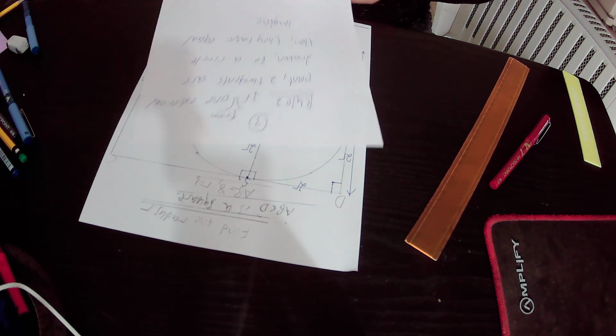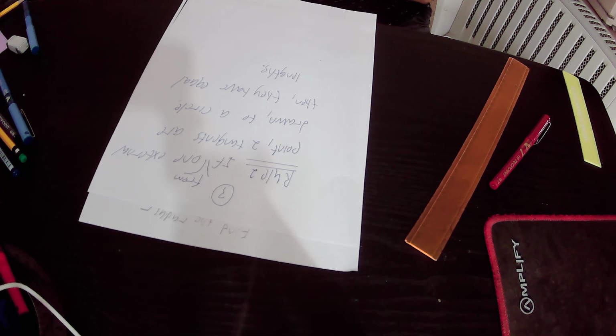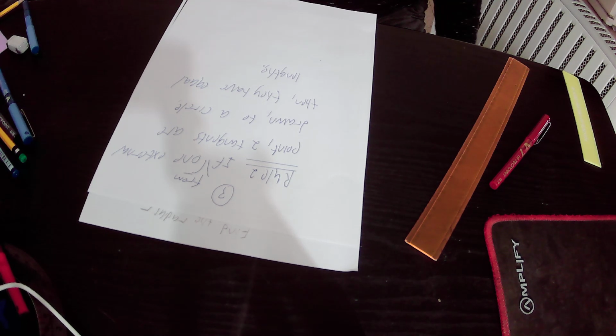Rule number 2 states that if from one external point two tangents are drawn to a circle, then they have equal lengths. I read again: if from one external point two tangents are drawn to a circle, then they have equal lengths. So what is the meaning of rule number 2?